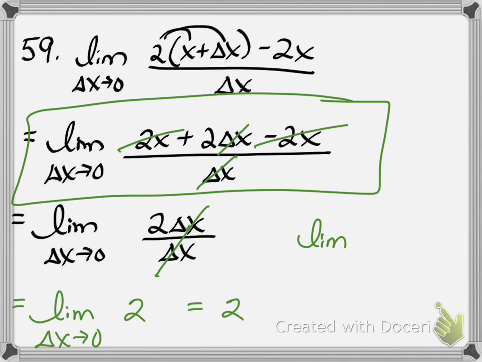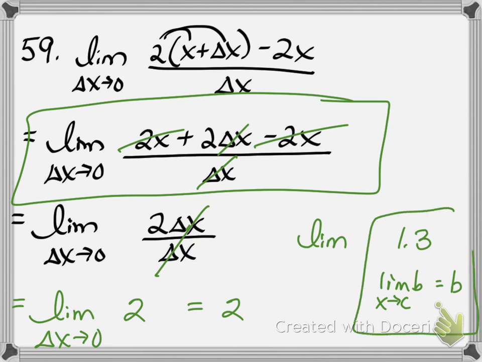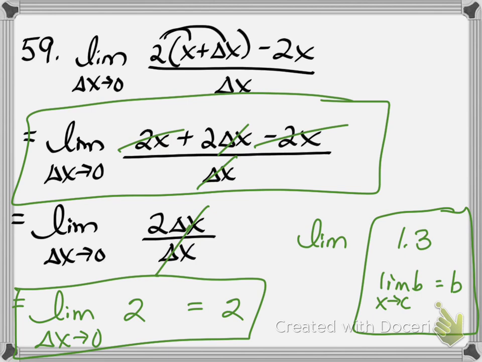Sorry, I'm yawning. The very beginning of section 1.3, we had the limit of b as x approaches c is b. If you want to look back at those basic limit properties, you'll see that one, and that's what we used right here. All right.